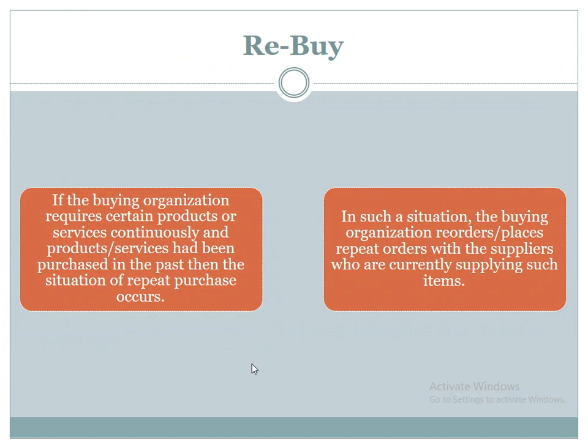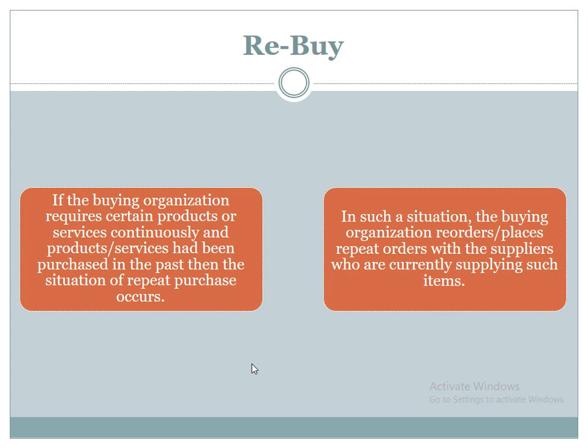Now, the third buying situation type is rebuy. Here, if the buying organization requires a certain product or service continuously, and the products or services had been purchased in the past, then the situation of repeat purchase occurs. In such a situation, the buying organization places repeat orders with the suppliers who are currently supplying such items.